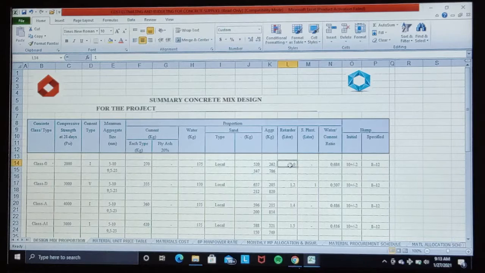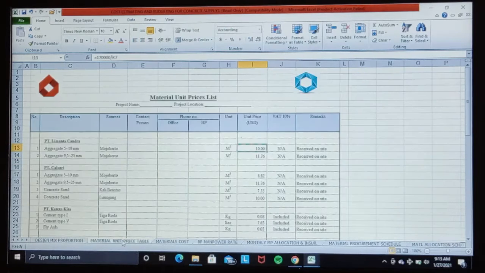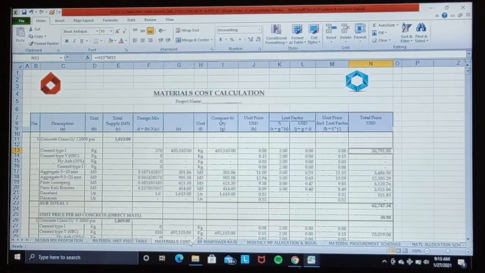Then we make a table for unit price. Okay, unit price of the material required, meaning that the unit price material shall be on site basis, and also included tax and contingency costs to anticipate the material price increasing during the project. Next, we calculate material costs according to the total material required in the project.